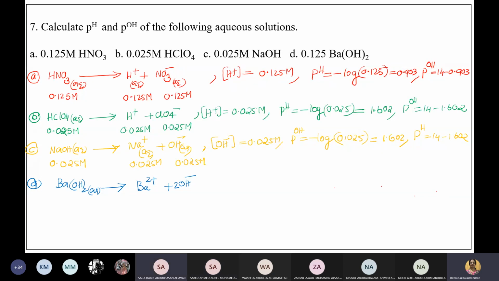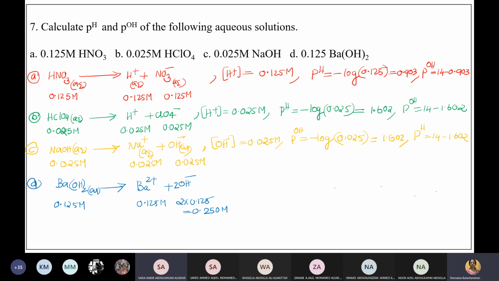So the concentration here is 0.125 molar. This also 0.125 molar. What about the concentration of OH minus? Twice. Yes, it's twice. 0.125 times 2, that is equal to 0.250.